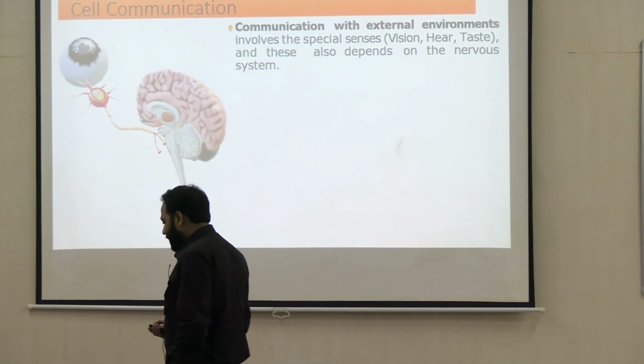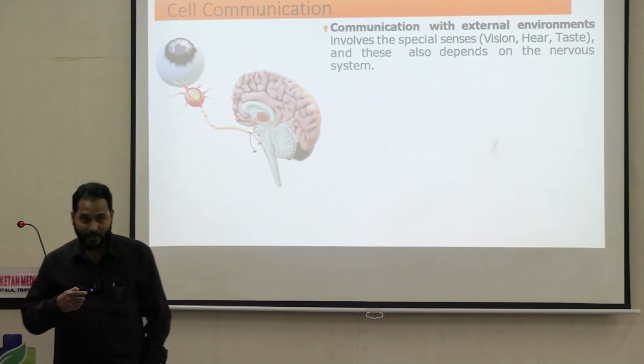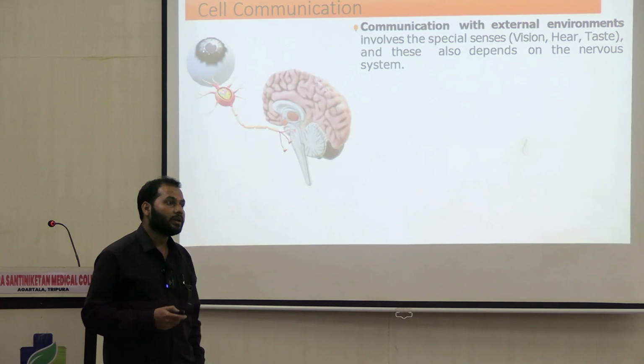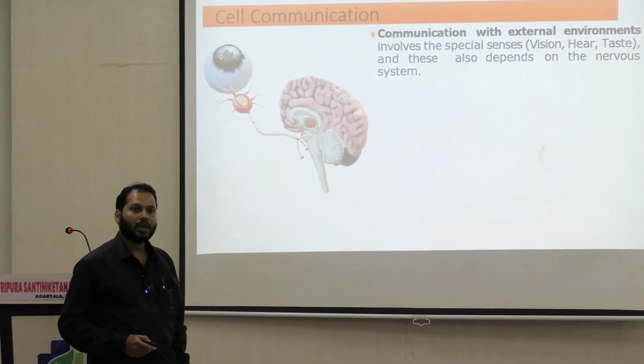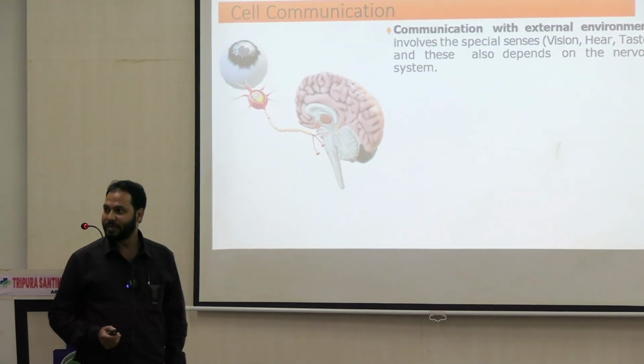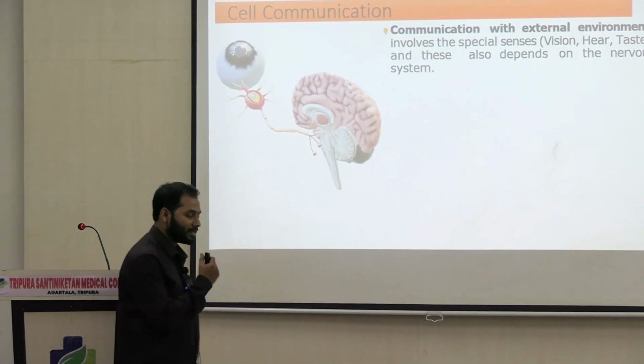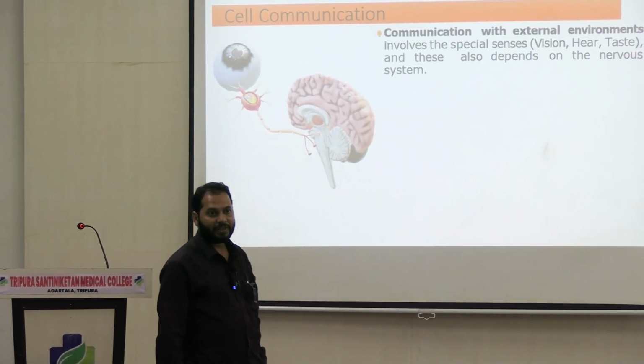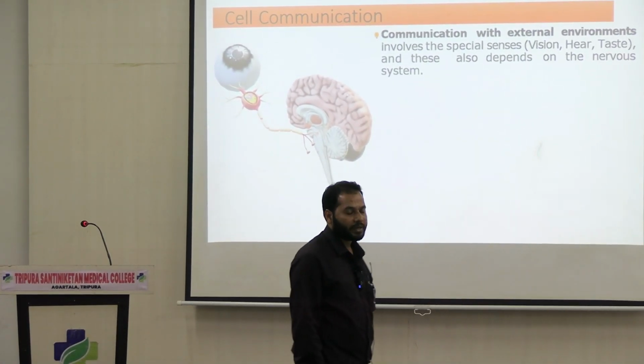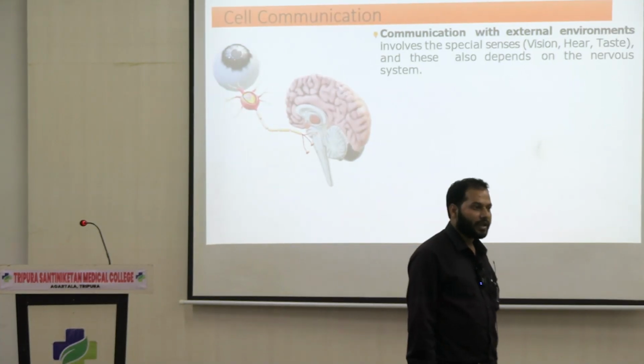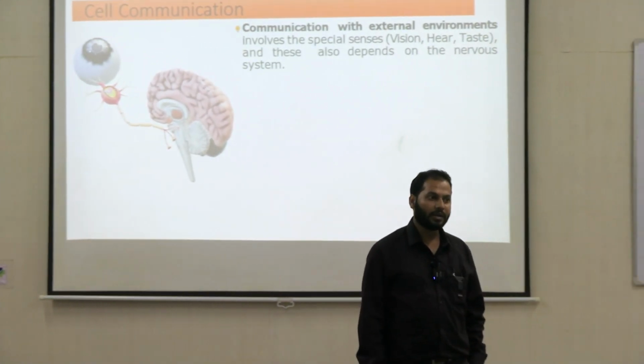So in this particular case, you can see in case of external environment, two important systems are involved. One is the special sense organs and another one is the nervous system. If there are any changes in the external environment, those changes are sensed by our special sense organs, right?